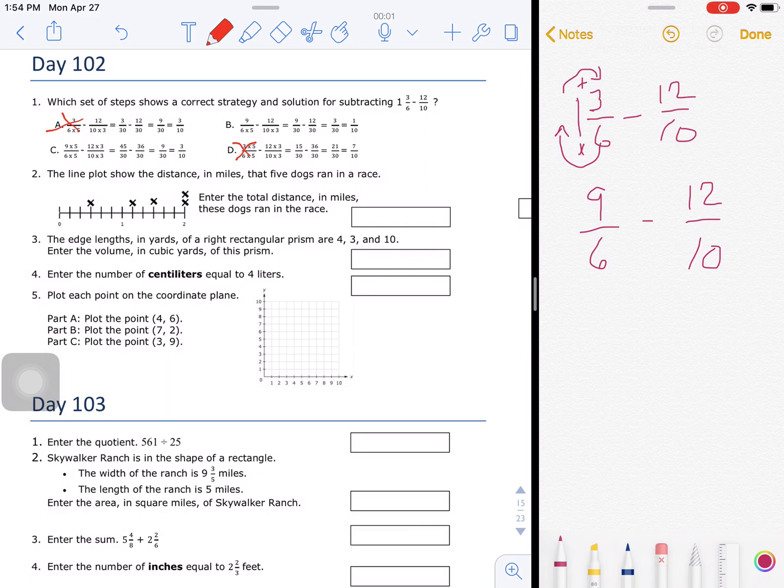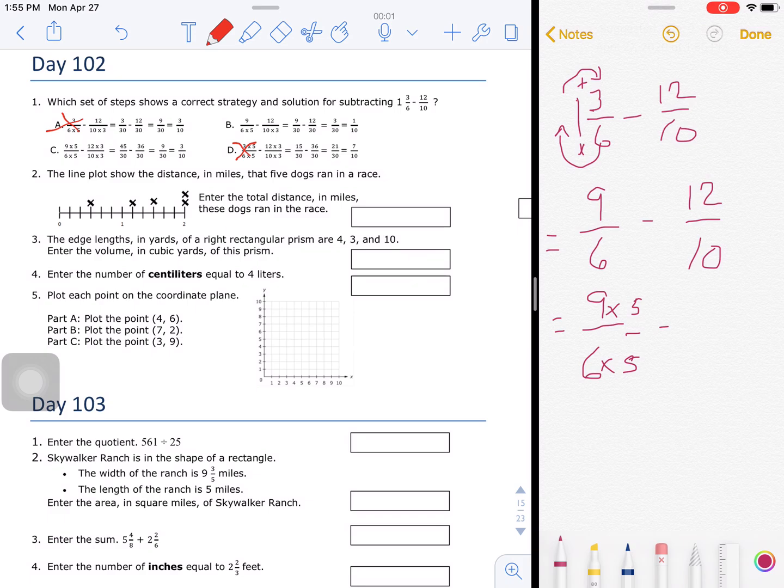Now the next step here is to find a common denominator, and the common denominator between 6 and 10 is 30. Both 6 and 10 go into 30. The way that I would do that now is I have to make the common denominator by multiplying 9/6 by 5/5.